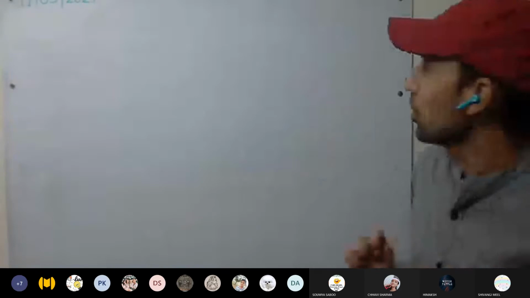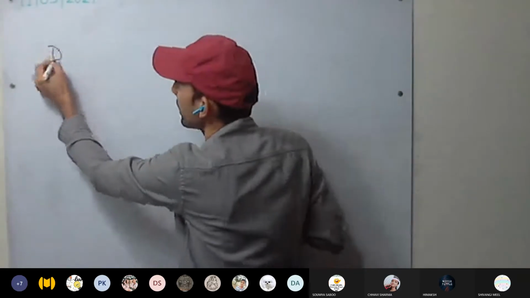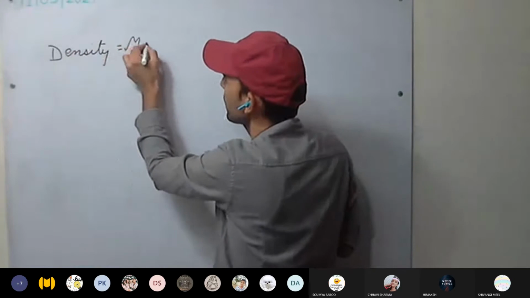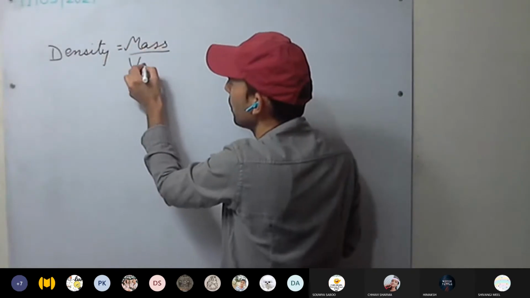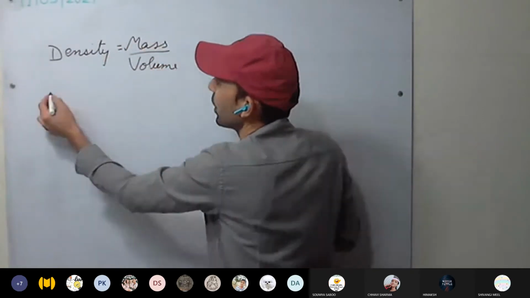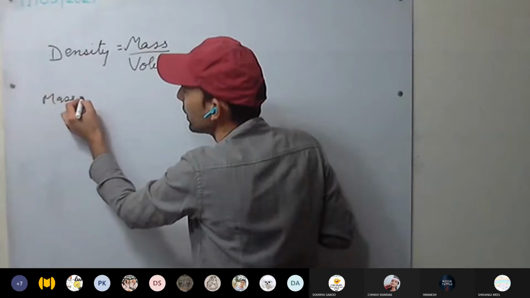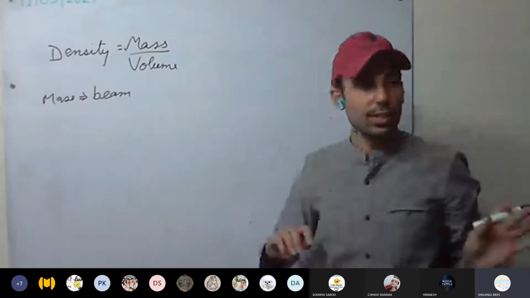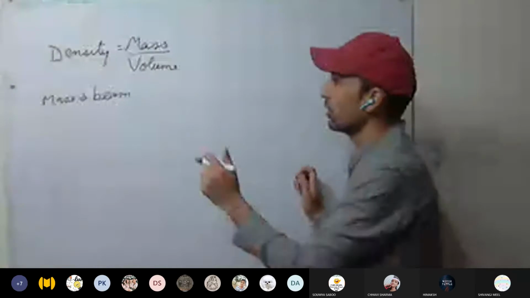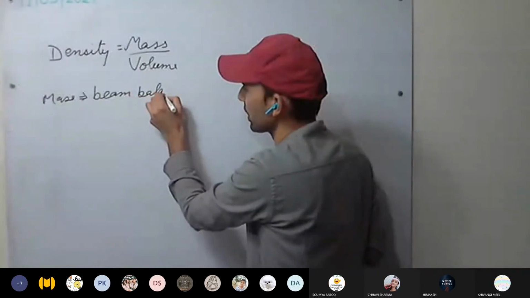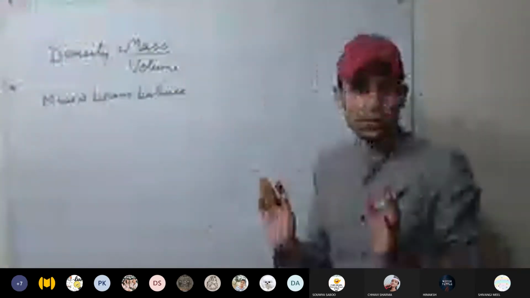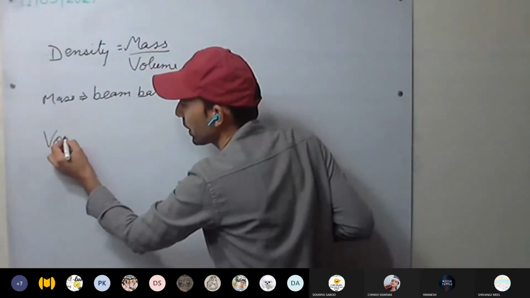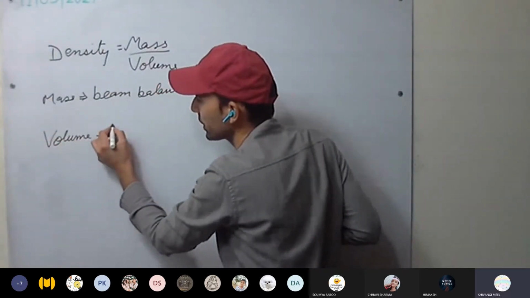See here what we are calculating: density, and density is nothing but mass upon volume. Mass we calculated using the beam balance, whatever the solid, it doesn't matter. So mass is no issue, but volume becomes an issue, so we will use different methods. How have we measured volume?